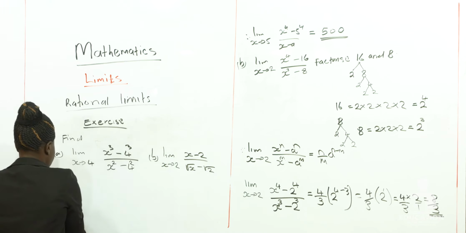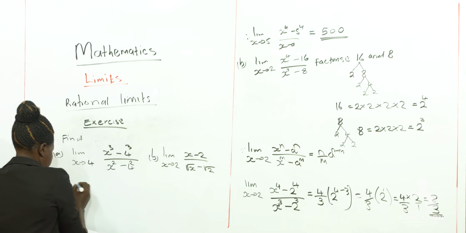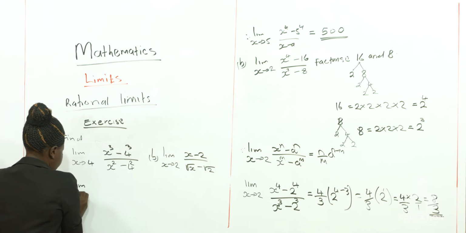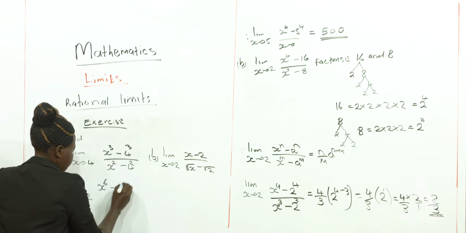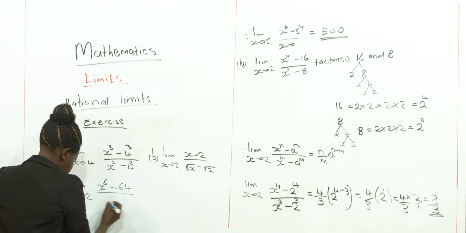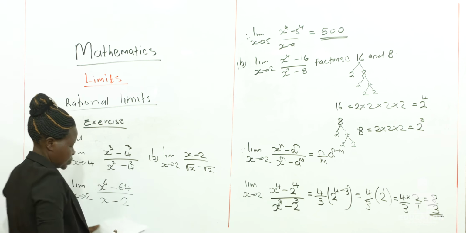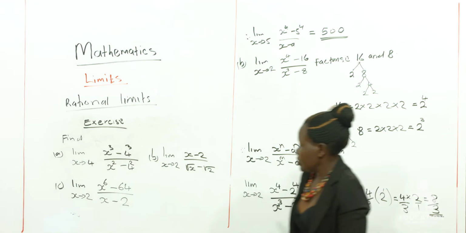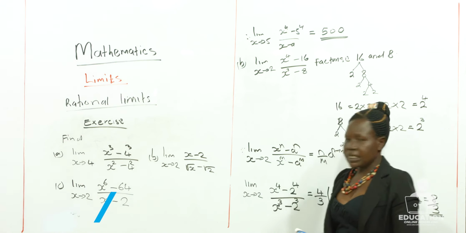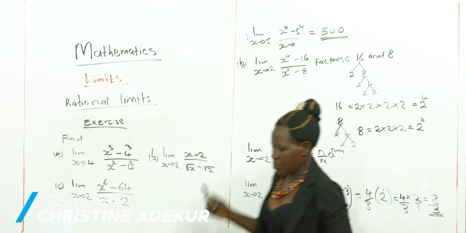Lastly c, we have the limit as x approaches 2 of x raised to 6 minus 64 over x minus 2. So dear learners, I want you to go and try those 3 questions. Following the 2 examples, you'll be able to work it out.